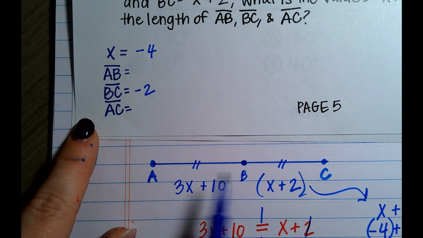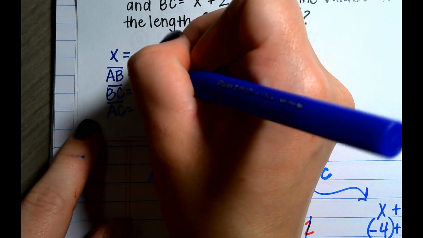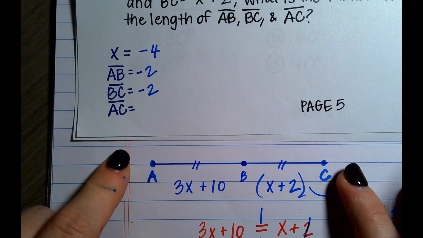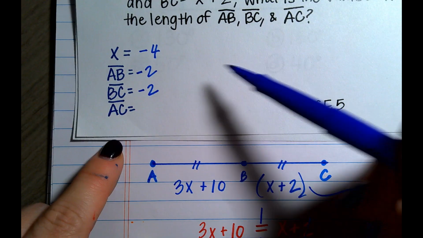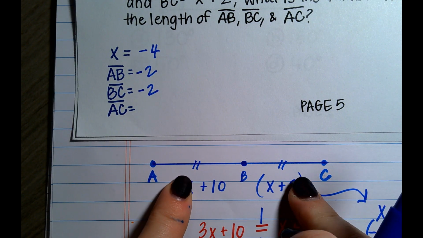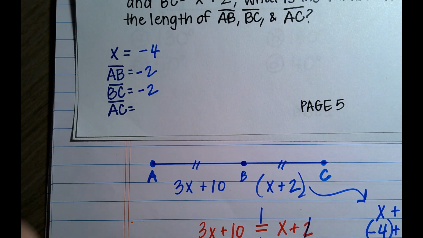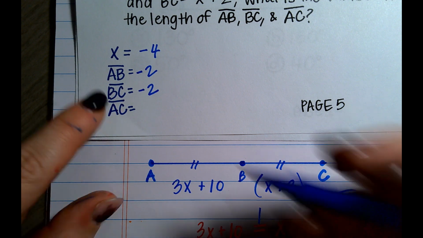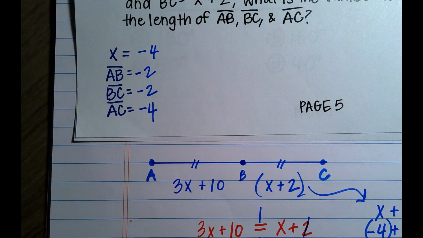Yes, AB is the same as BC, so it's also negative 2. Now, how would I find AC? Yep, you could just take AB times 2, so that negative 2 times 2. You can also add the negative 2 plus negative 2, because these two put together make the whole length. And what would that length be? Negative 4 again. Perfect. Okay, so strange numbers, but it works.